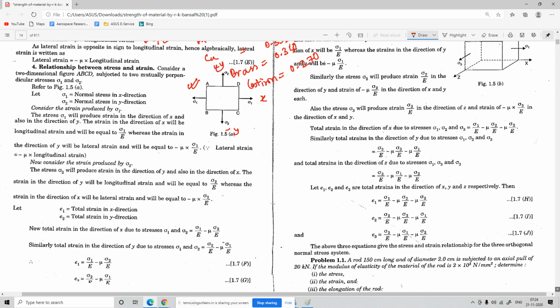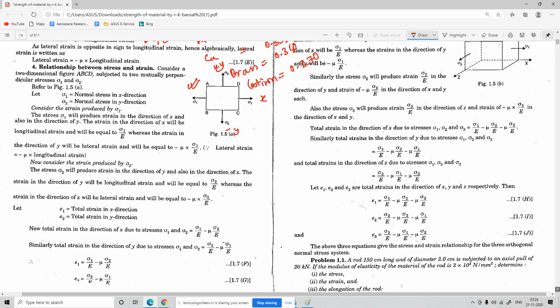In the x direction you have a normal stress called sigma 1, and in the y direction you have a normal stress sigma 2. In this condition, how will you calculate the total strain acting on this particular cross section?